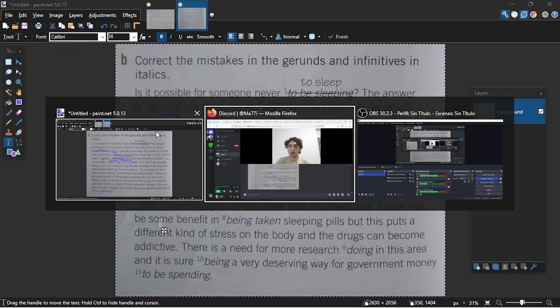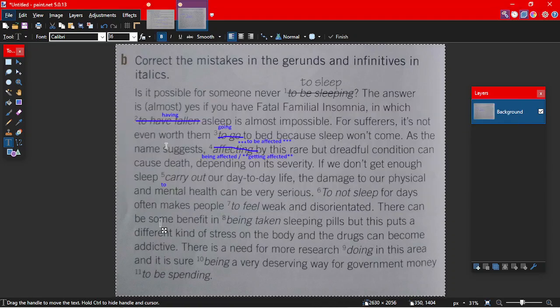Carrying out? No, it's the other one, to carry out. If you don't get enough sleep to do something, that's the structure.